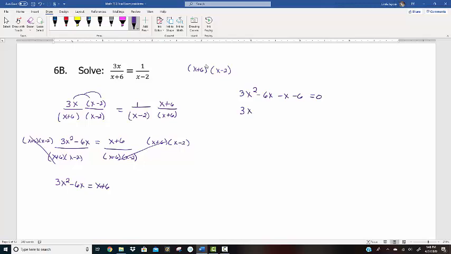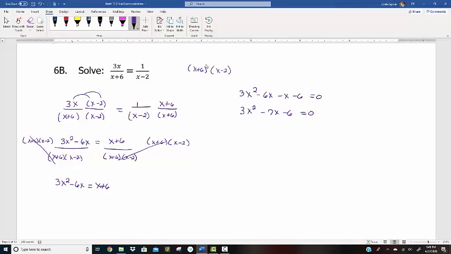So 3x squared, negative 6 plus negative 1, negative 7x minus 6. So now we're ready to see, does this factor? This one doesn't have a 1 coefficient in front of the x squared. We can't simplify anything because of this 7.